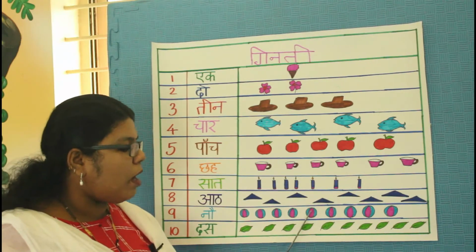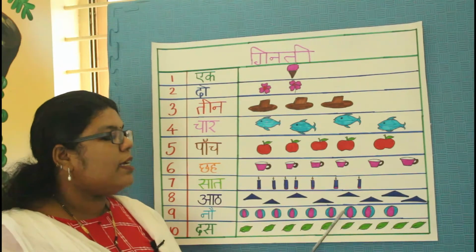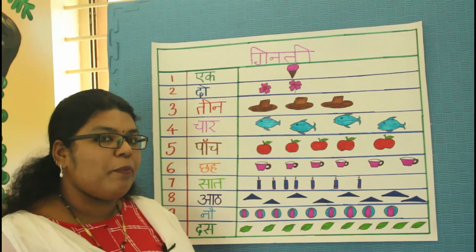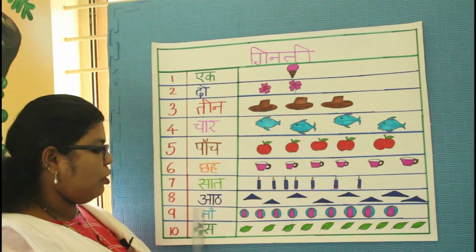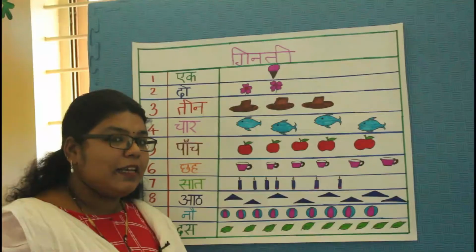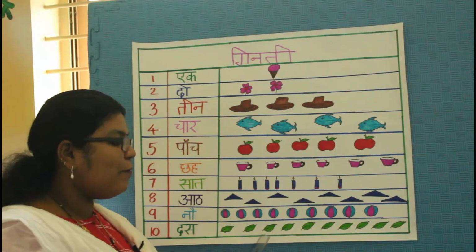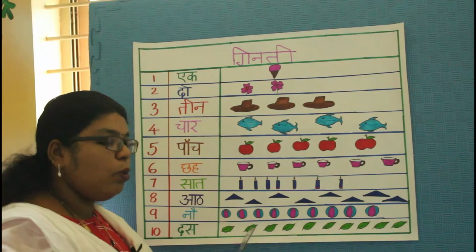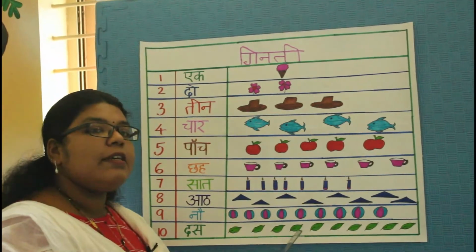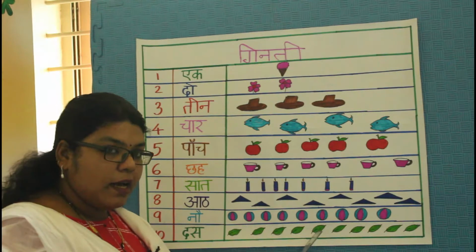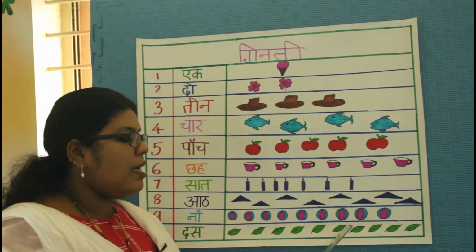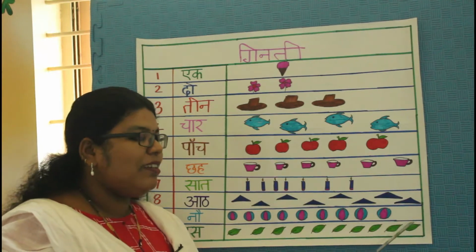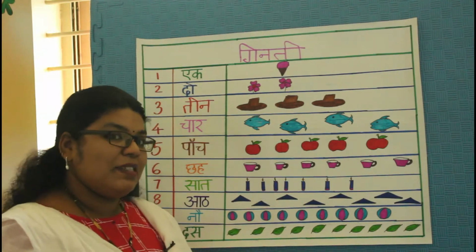चार, पाँच, छः, सात, आठ, नौ. नौ means nine. Now let's count the number of leaves here. एक, दो, तीन, चार, पाँच, छः, सात, आठ, नौ, दस. दस means 10.